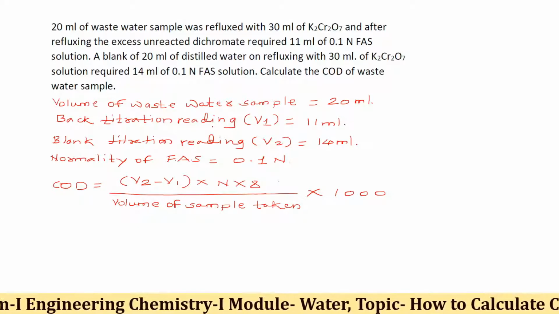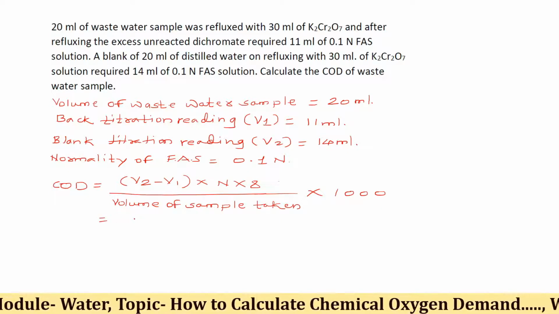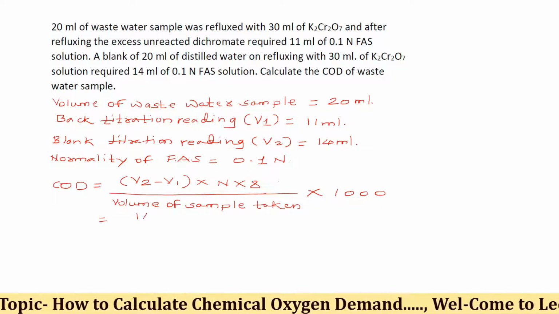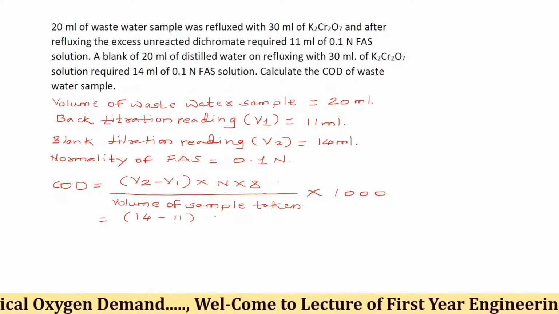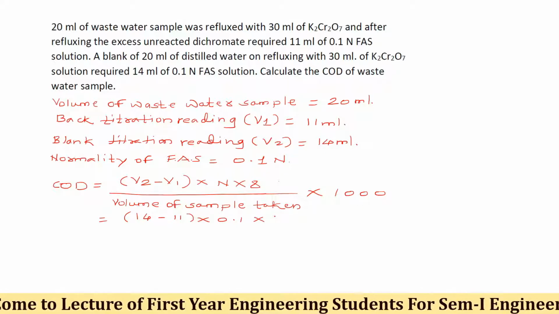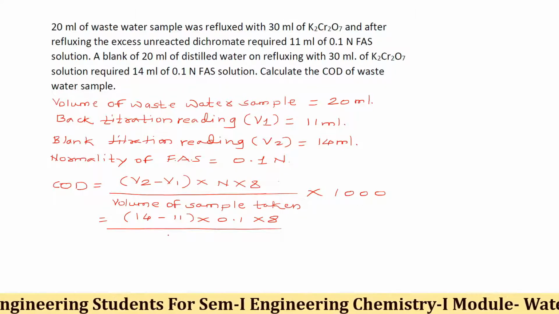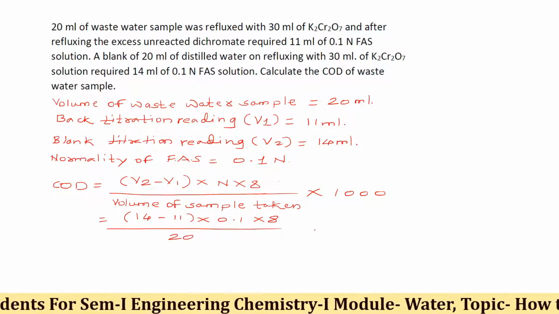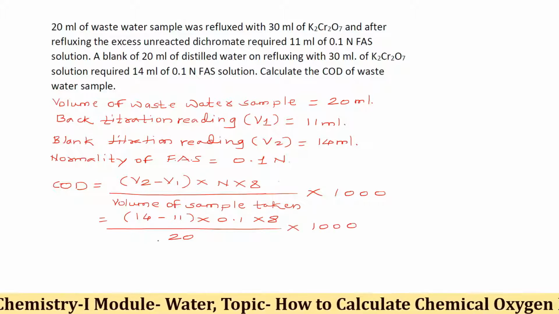So put the values in the formula. V2 is 14, V1 is 11, into 0.1 into 8, upon volume of sample, which is 20, into 1000.